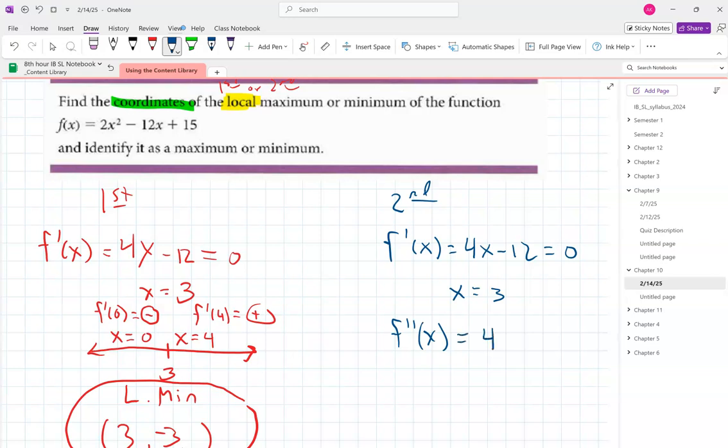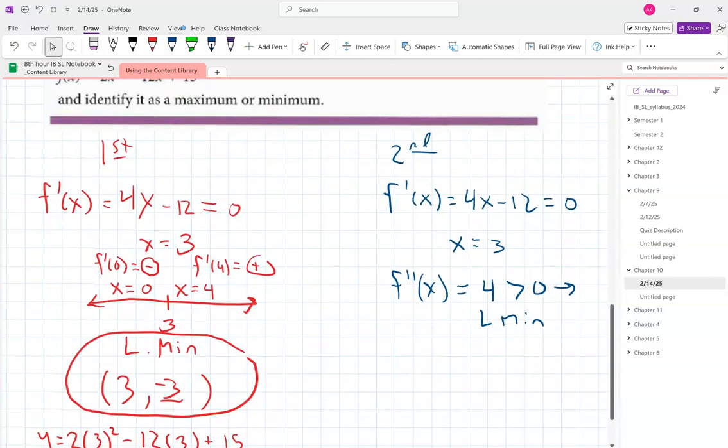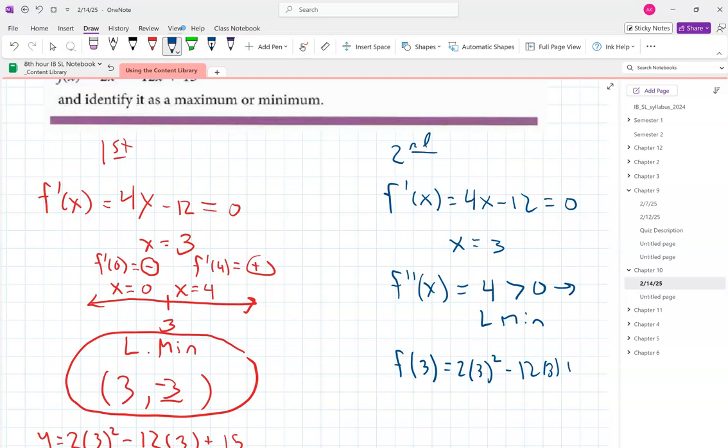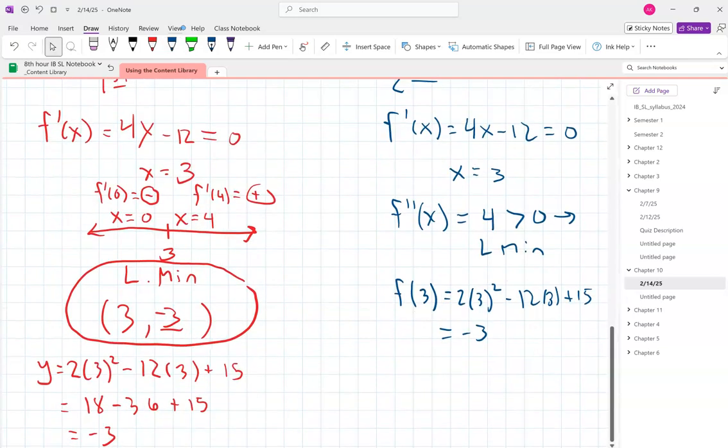It's just 4. Since that's greater than 0, I know I have a local minimum. And then we just go ahead and plug 3 back in, just like we did before. So we have 3, negative 3 is a local min.